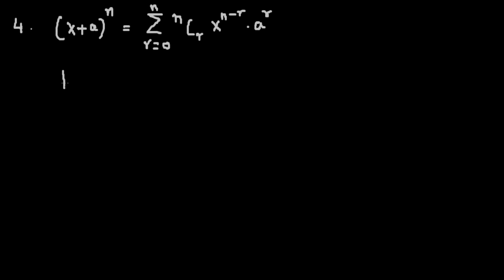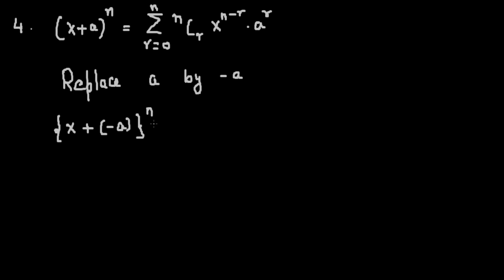So here what we're going to do is replace a by negative a. If you do it, then we should get (x plus negative a) raised to the power n equals the summation r goes from 0 to n of nCr times x raised to the power n minus r times (negative a) raised to the power of r.